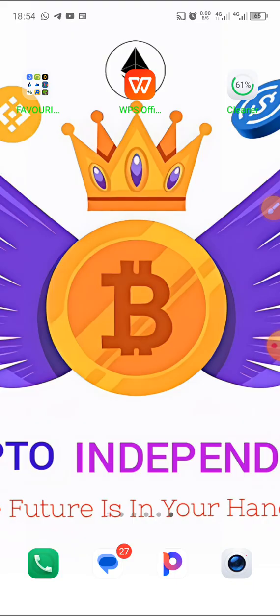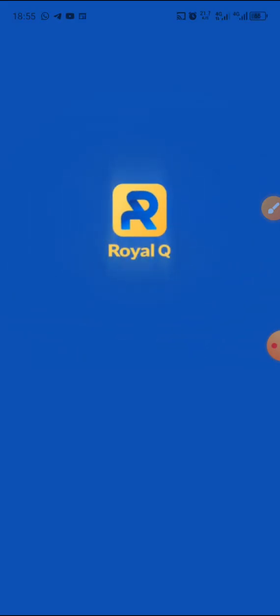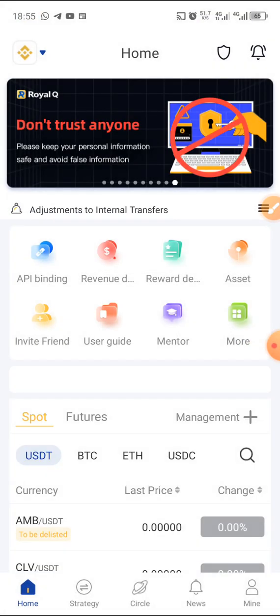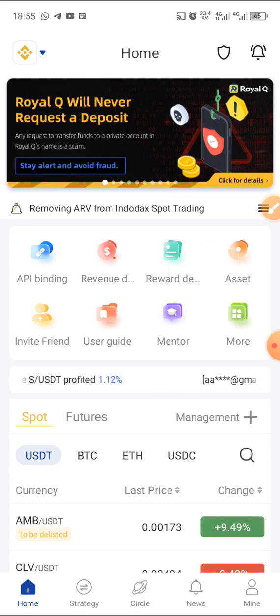So guys, allow me to start by showing you how to add coins to your RoyalQ, just in case you are new, okay? So you open your RoyalQ, and this is the home page for RoyalQ, okay?